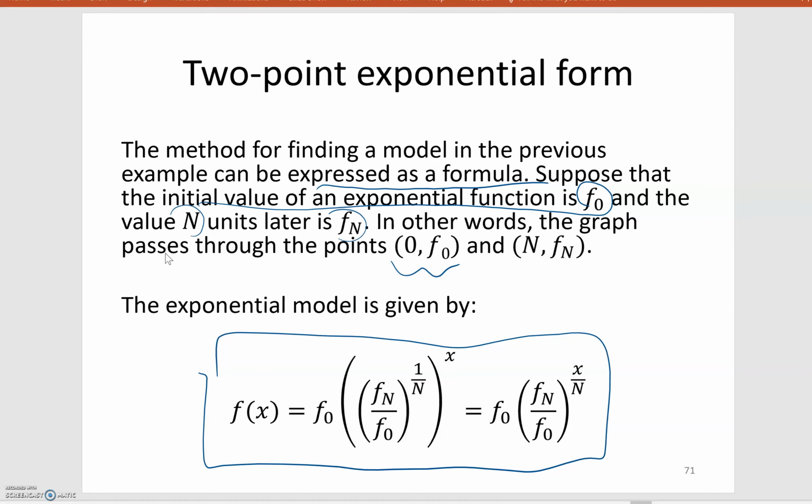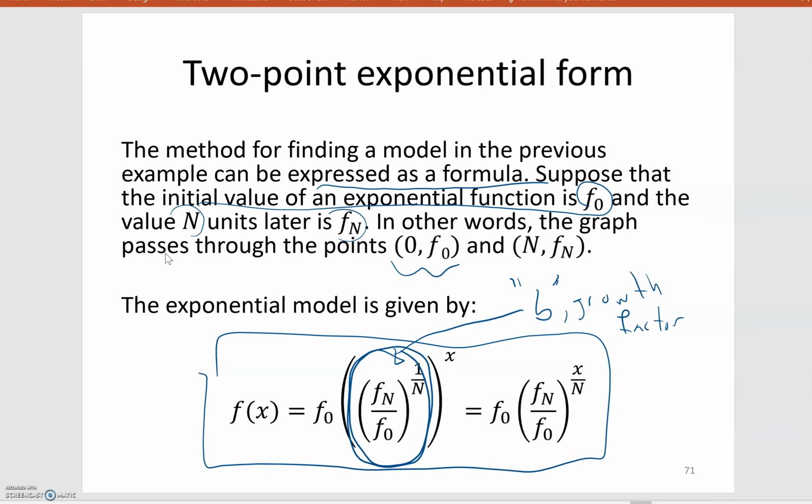The benefit to having it in this form is that I can clearly identify that all this in the middle, without the x, is my b value. Whereas in this form, it's a little harder to see what the growth factor is.